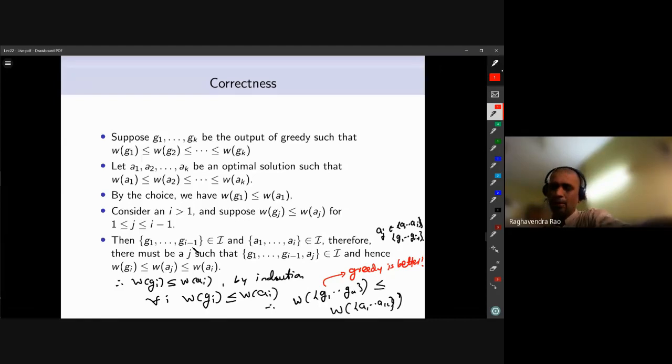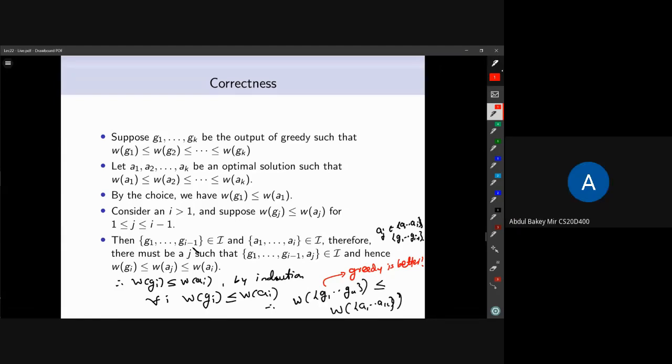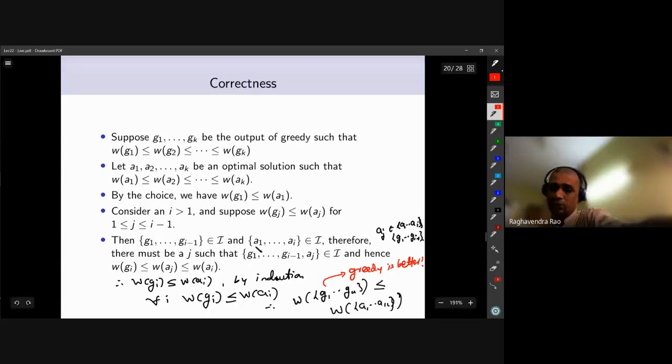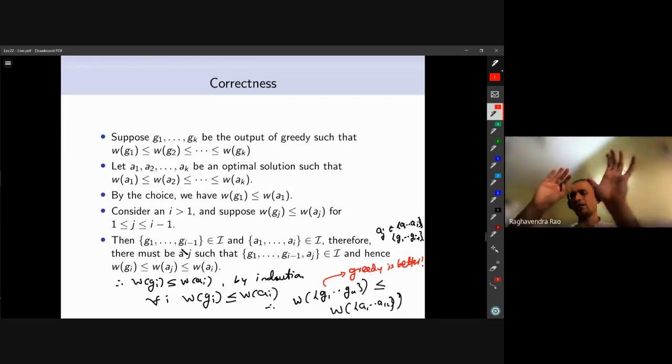Yes, Ai is the one that belongs to the optimal one that has been given by the adversary. So A1 to Ai are the ones which belong to the optimal one. G1 to Gi minus 1 is the partial solution that we have built using greedy. So we are just staring at that stage of the greedy algorithm.